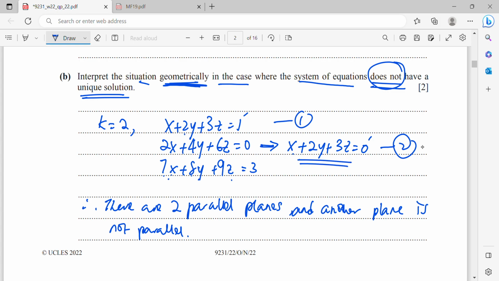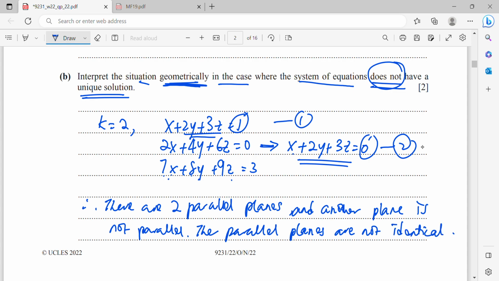When they are parallel, they might be the same or they might not be the same. When you look at the right-hand side, the first one is 1, the second one is 0, which means the parallel planes are not identical. Okay, so this is the geometrical interpretation when the system of equations does not have a unique solution.